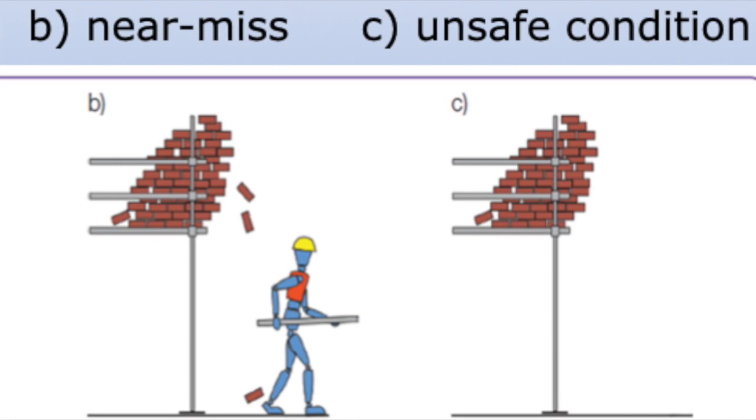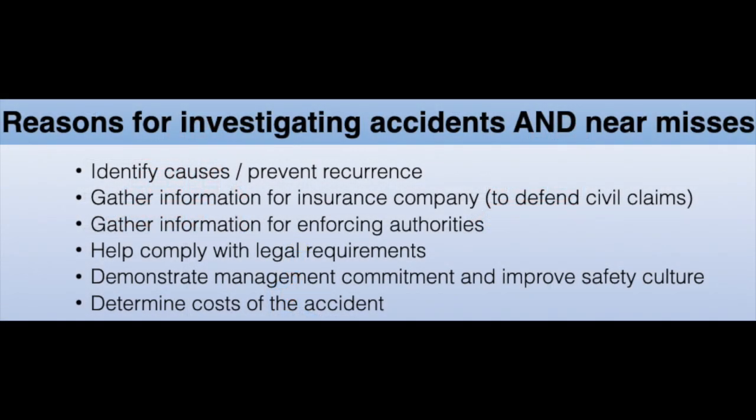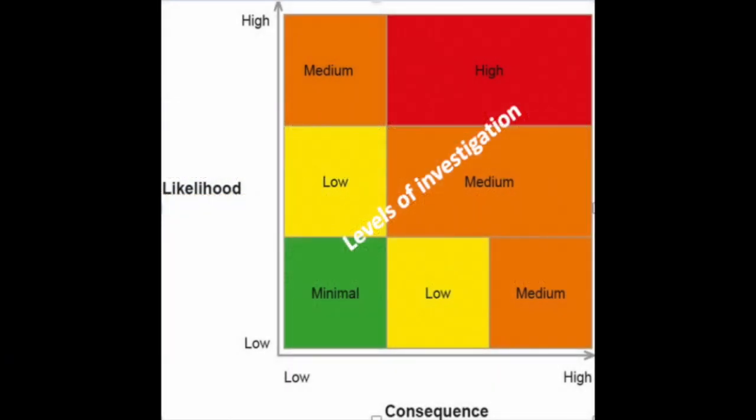Once you have had an incident, you have to be involved in an accident investigation, and the intensity of your investigation would be based on risk assessment. For example, if the risk is very high, then your accident investigation must be much more intensive.